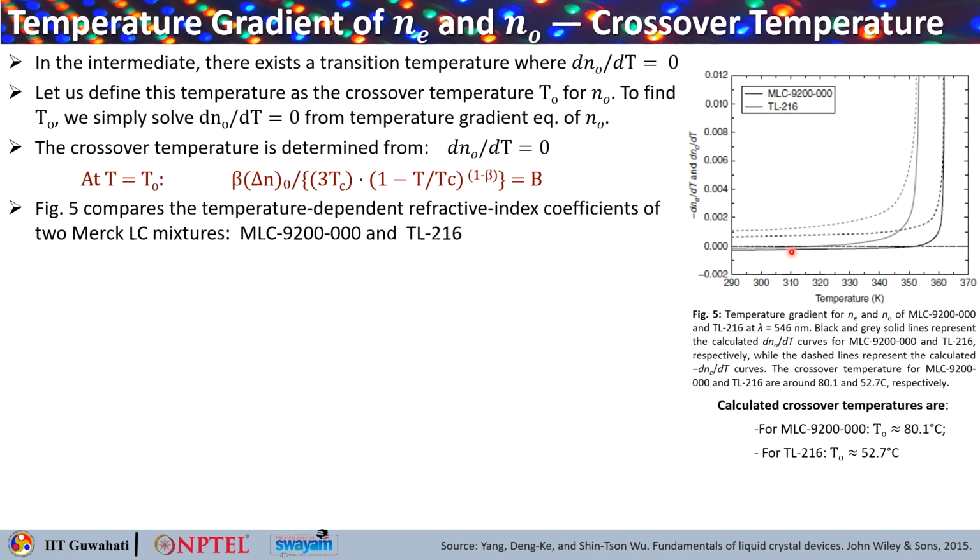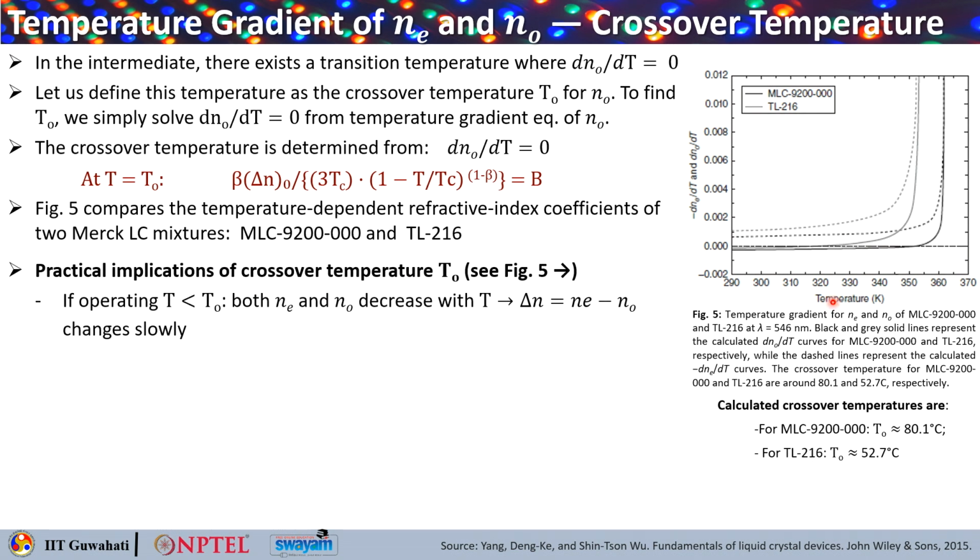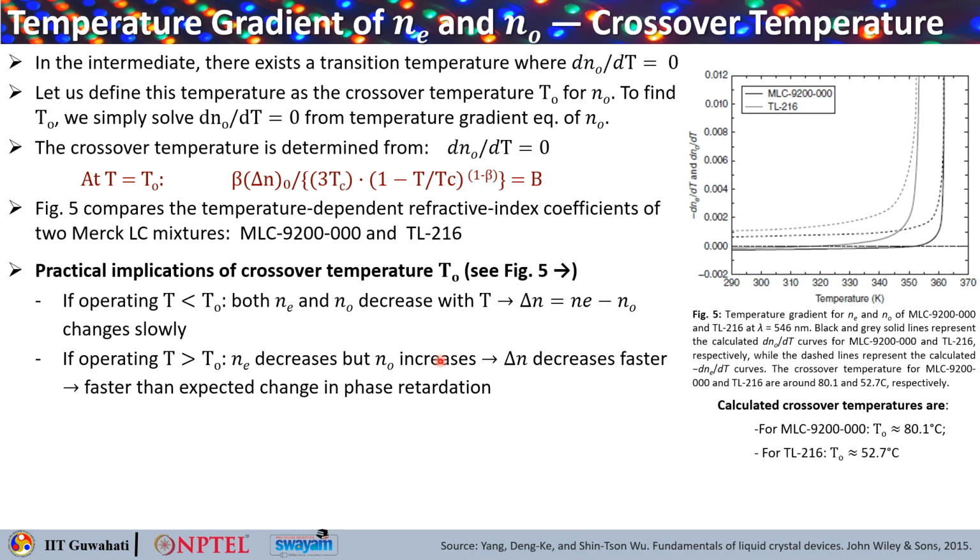Here this figure compares the temperature dependent refractive index coefficients for two Merck liquid crystal mixtures: one is MLC-92000 and the other is TL216. What you see here is that when the operating temperature is less than T0, both Ne and NO decrease with T, so the birefringence changes slowly.